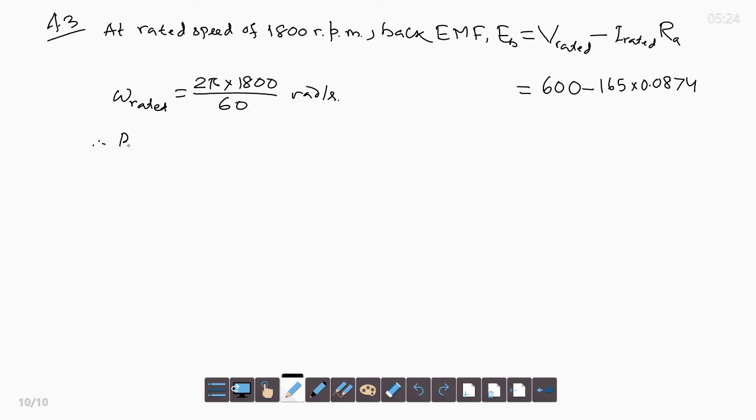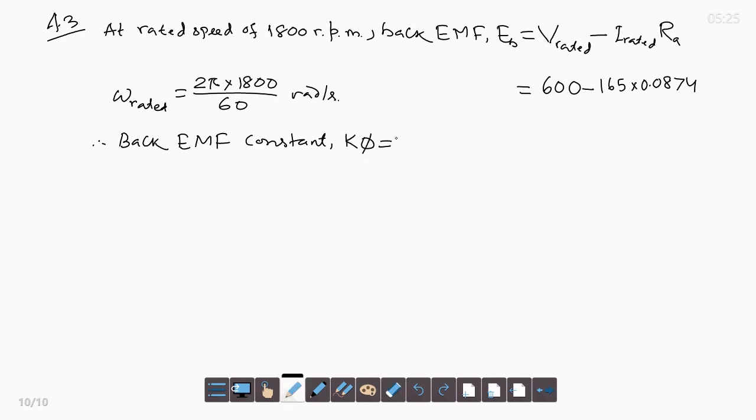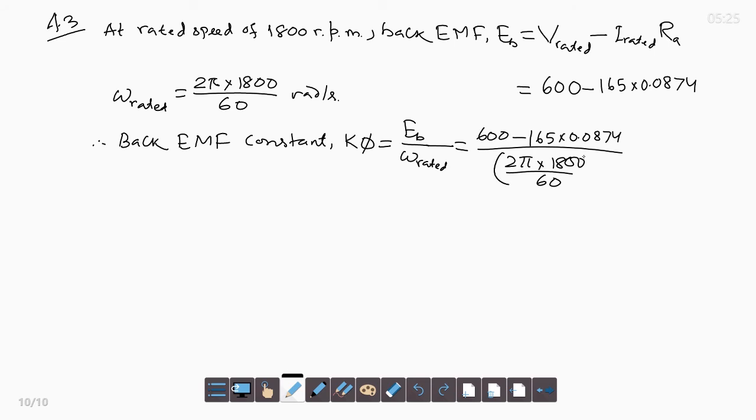Then the back EMF constant K phi is EB divided by omega rated, that is (600 minus 165 into 0.0874) divided by (2 pi into 1800 by 60).